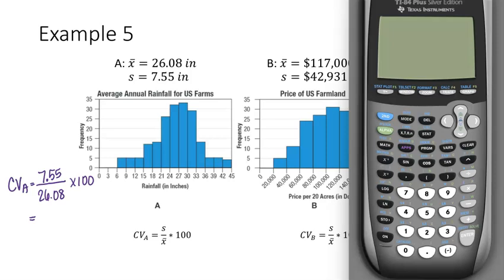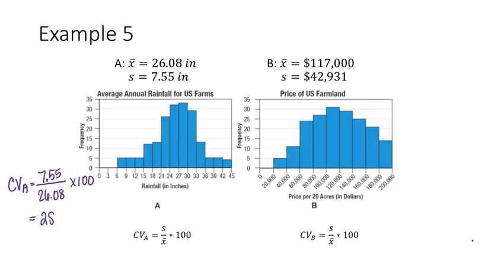Now, y'all, had they not given this to us, we could have calculated it, just like we did in our previous examples. Find those midpoints, find those frequencies. But here they were nice to us, so I can take 7.55 divided by 26.08 and multiply by 100, giving me 28.9% if I'm rounding to one decimal place.